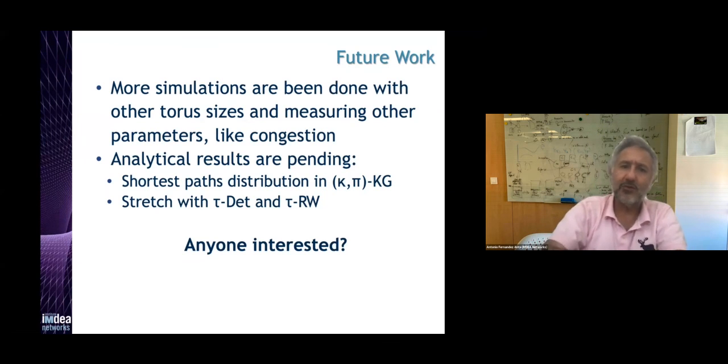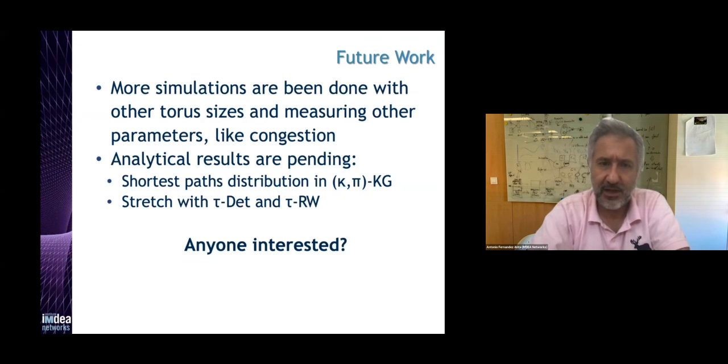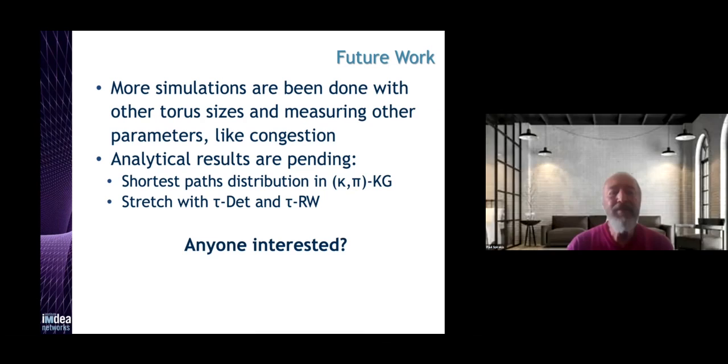And we also want to add some analytical studies. So for instance, we would like to see whether we can find analytically the shortest path distribution in the topology that we're building, and evaluate what is going to be the stretch of the randomized and deterministic routing algorithm that we're proposing.